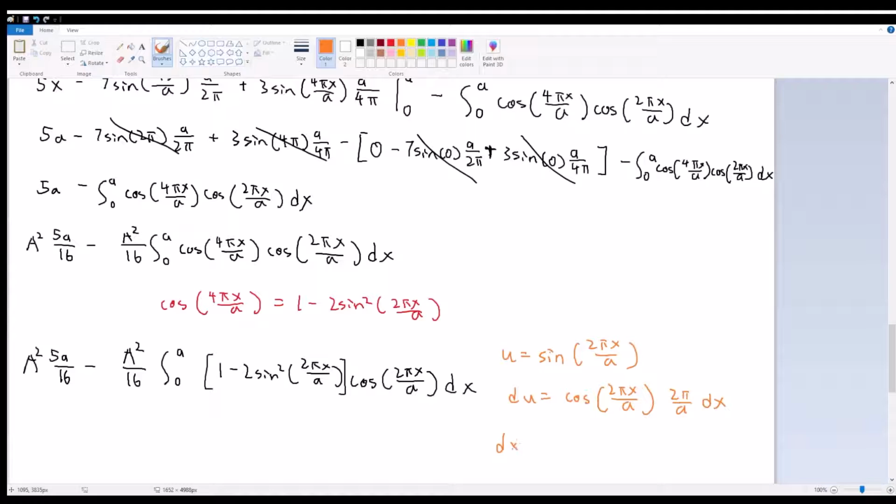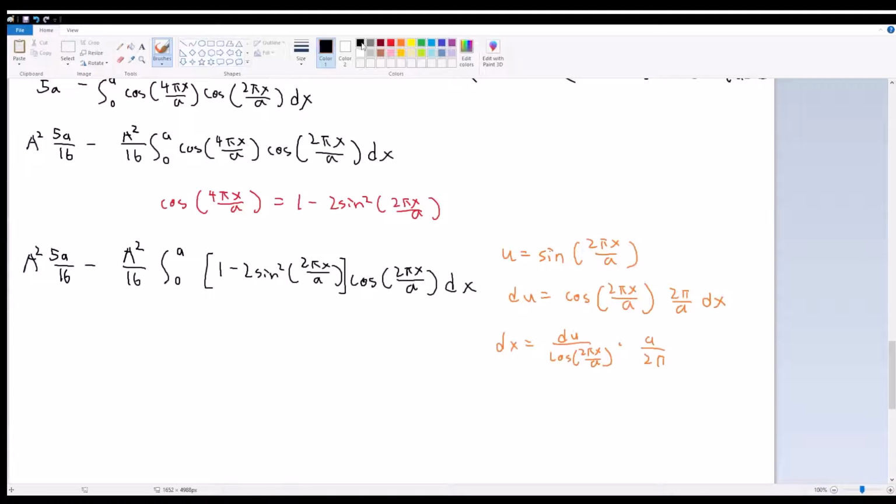So that means dx is equal to du over cosine 2 pi x over a multiplied by a over 2 pi.